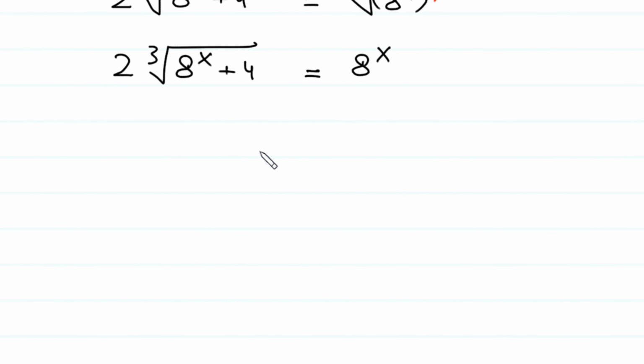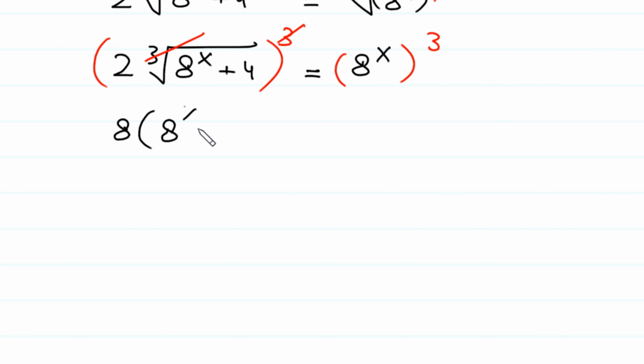Next we take a cube of both sides. At left side cube and at right side cube. Cube of 2 is 8 times, this cube will be cancelled with this cube root, and here left 8 to the power x plus 4 is equal to 8 to the power x cubed. Next we suppose that 8 to the power x is equal to y.